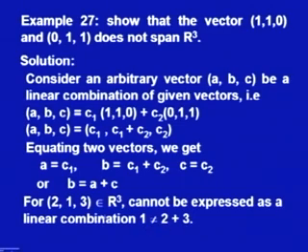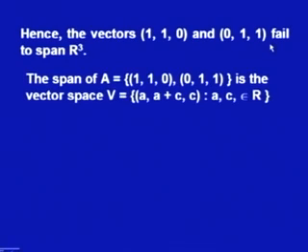That simply means that the vector (2,1,3) cannot be represented as a linear combination of these two vectors. So the vectors (1,1,0) and (0,1,1) fail to span R3. That is the conclusion.